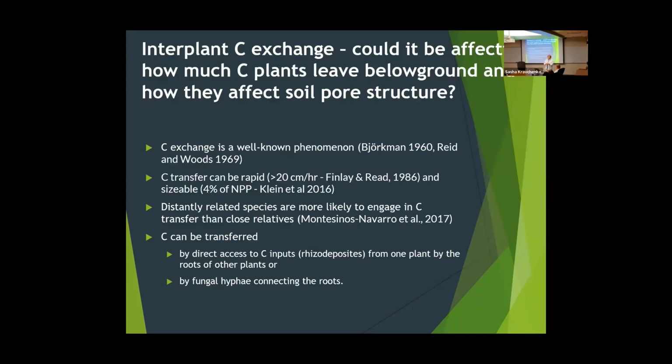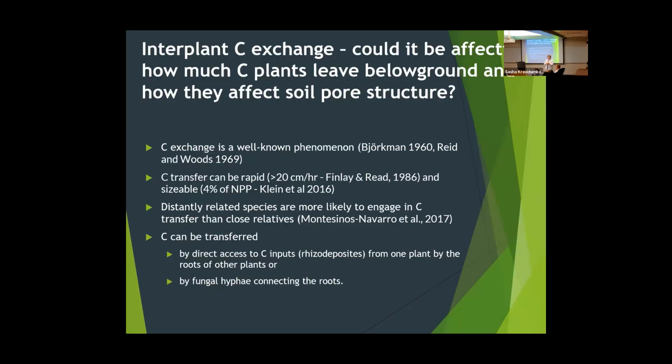It is not a newly found phenomenon. It has been known for 60-plus years. And quite a few works studying it demonstrated that, not always but at times, this carbon transfer can be very fast, and it can be very sizable.